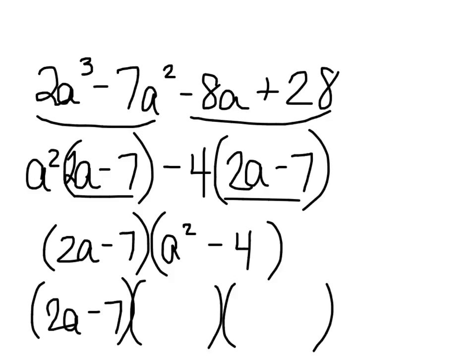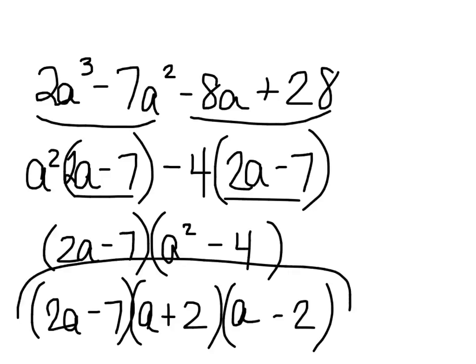Yeah. What times what gives me a squared? a and a. What times what gives me negative 4 but adds to be 0? Plus 2, minus 2. Now, just so that you guys know, I'm not going to have time to do 22, but a 22 would be the same as that one, or like it.